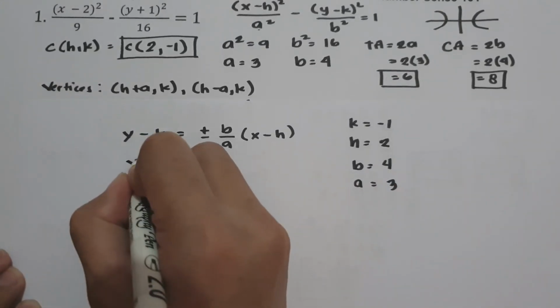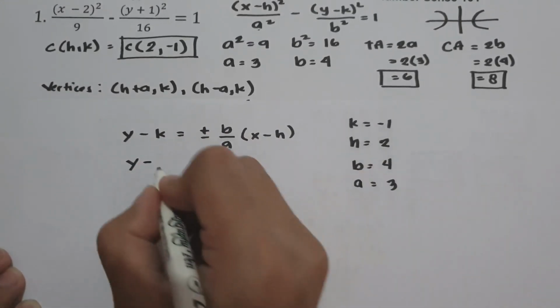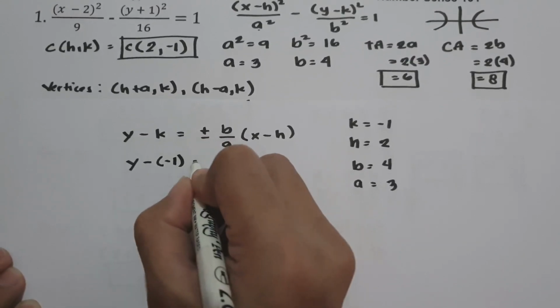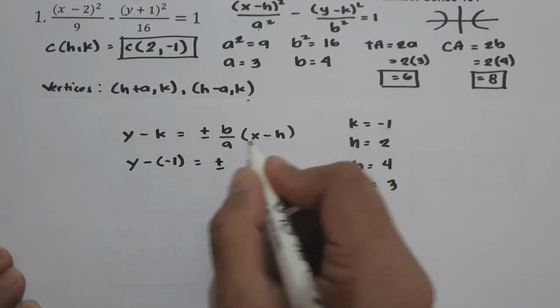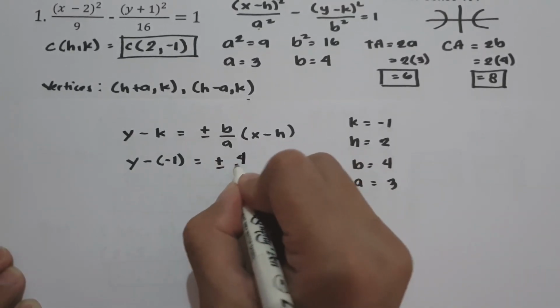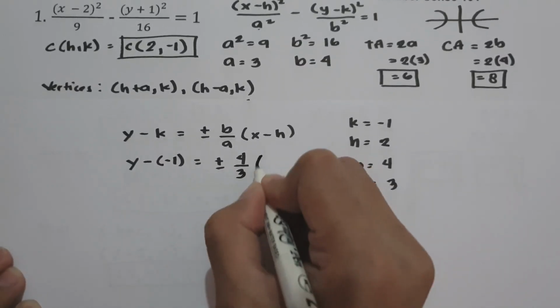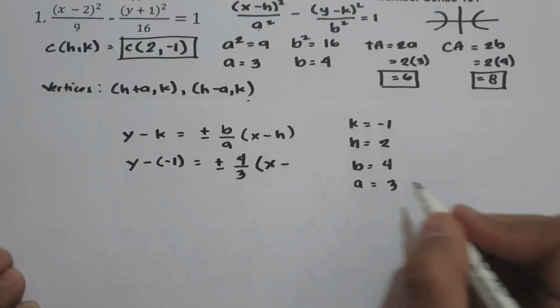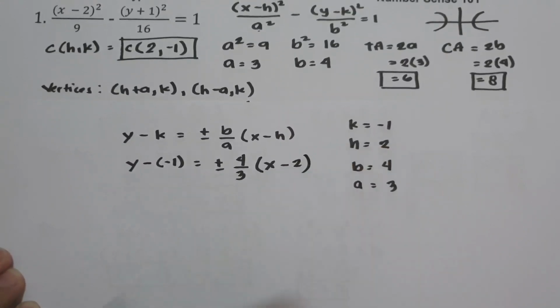So let us have y minus the value of k, that is negative 1, equals positive or negative b, that is 4, over a, that is 3, times the quantity x minus the value of h, that is positive 2.